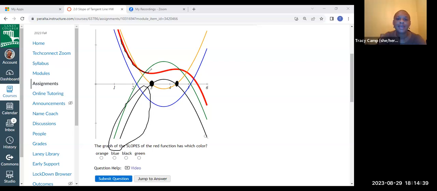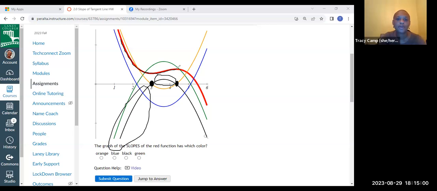If I keep going, I'm going uphill a little bit now, right? So my curve is increasing, which means the derivative is going to be above the x-axis right there, which again is happening with the black curve.